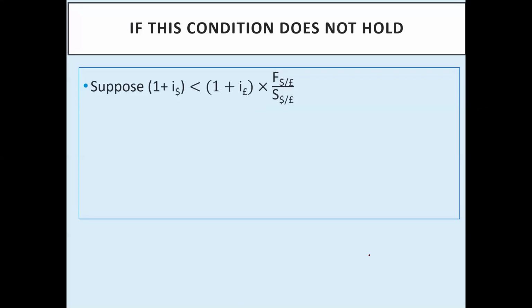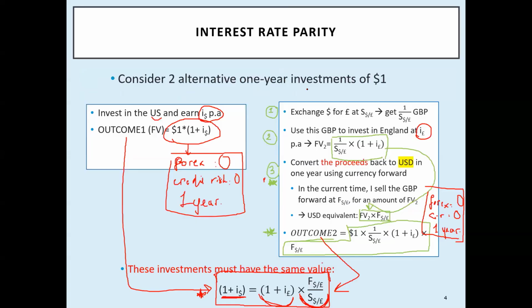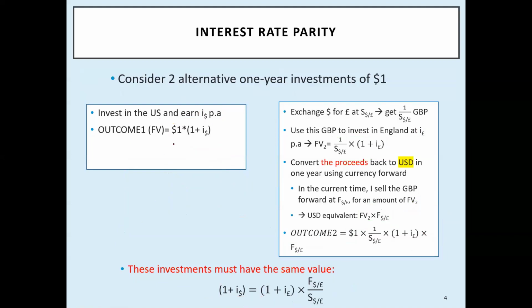For example, suppose that the left-hand side of the equation is less than the right-hand side. In this case, if we go back to our investment options from before, I will earn less if I invest in the US, and I will earn more if I invest in the UK.